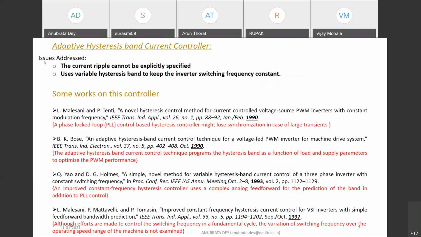So they are trying to address issues like the current ripple, which cannot be explicitly specified in the earlier case. They are trying to contain the current ripple within some limit. They are also trying to control the switching frequency variation, as we have seen earlier, the wide change of switching frequency. So these two issues they are addressing in the adaptive hysteresis band.